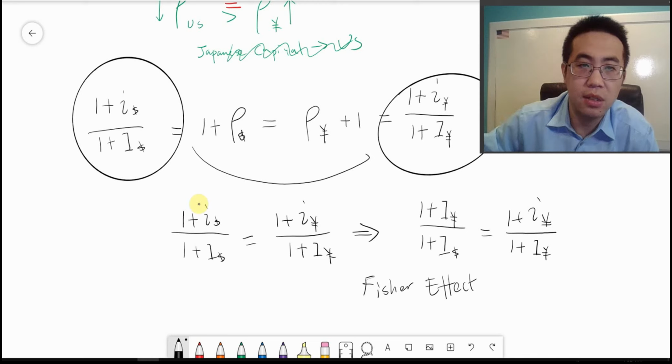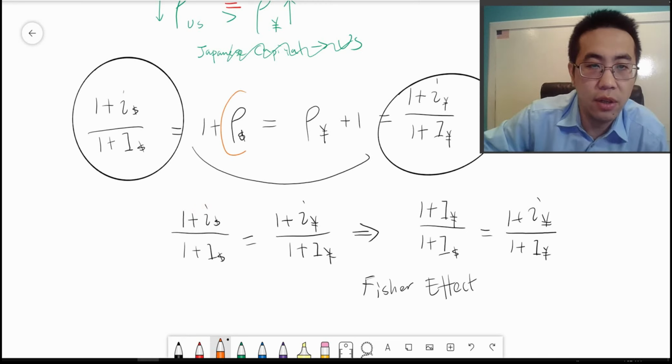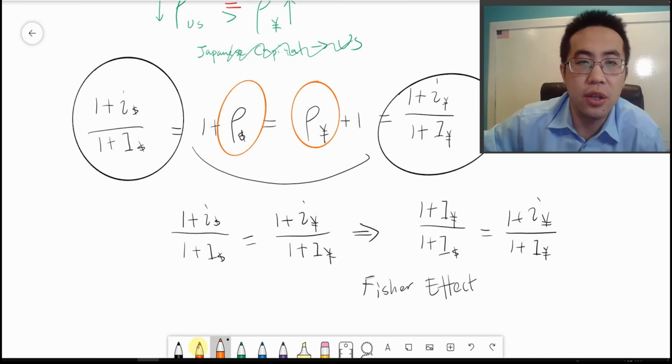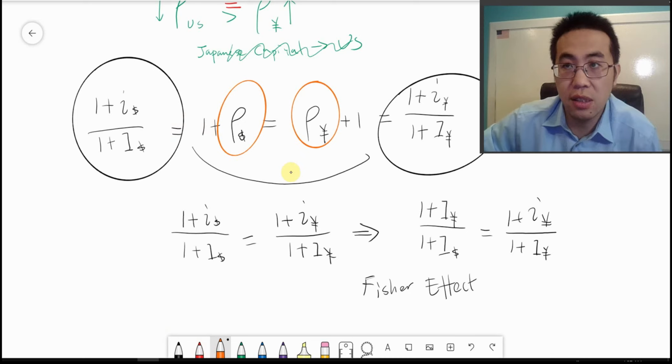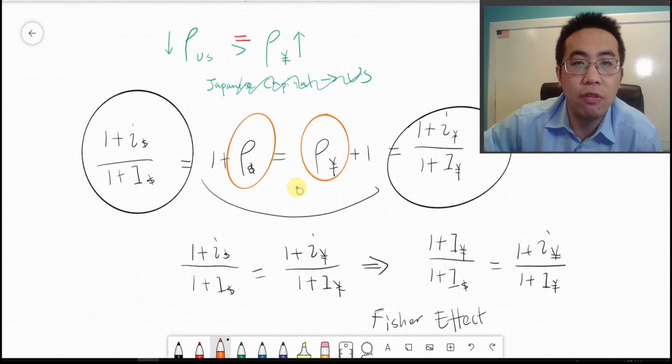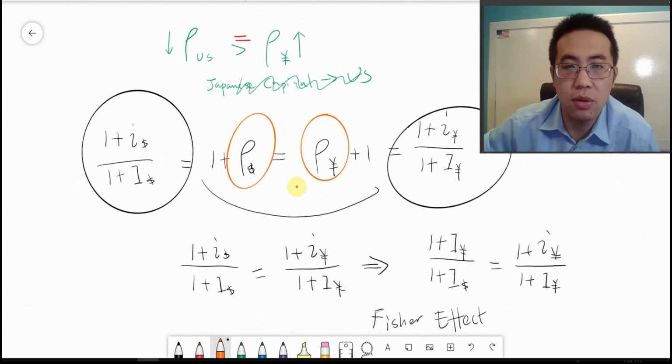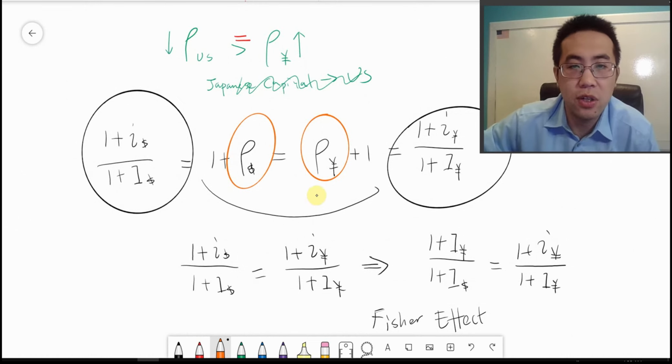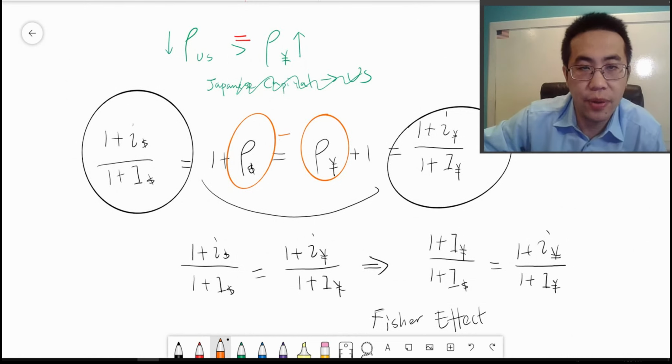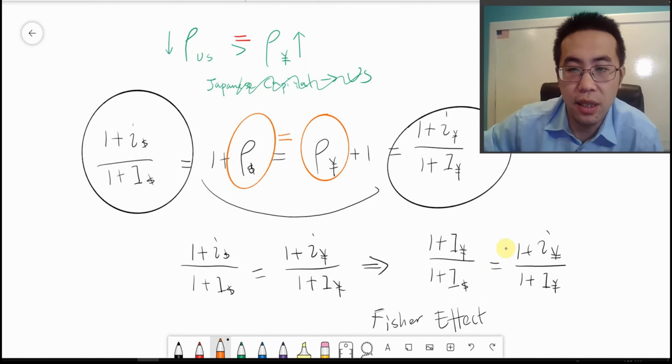The presumption is that the real rates of the two countries equal each other. If there is a disequilibrium, or a violation of this equilibrium, then capital will fly from the lower rate place to the higher rate place and eventually make them converge. That basically will equalize the inflation ratio to the interest rate ratio.